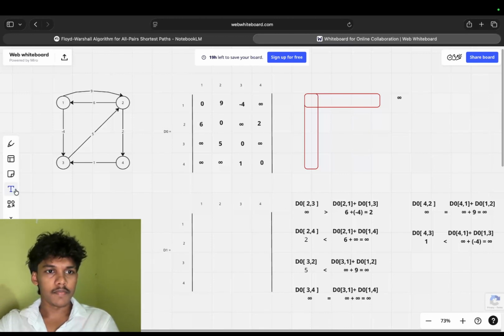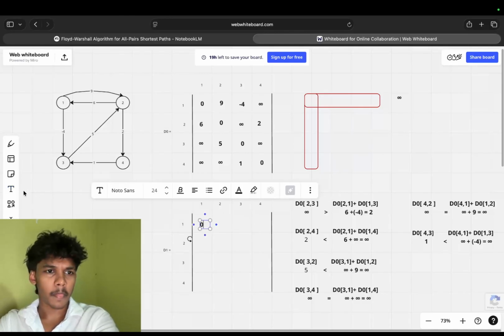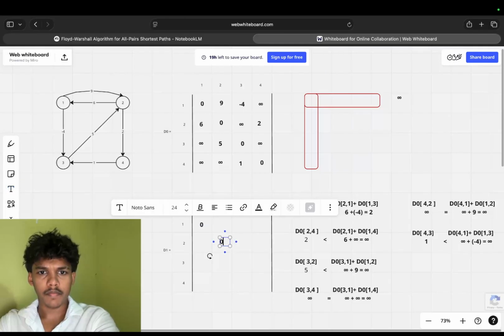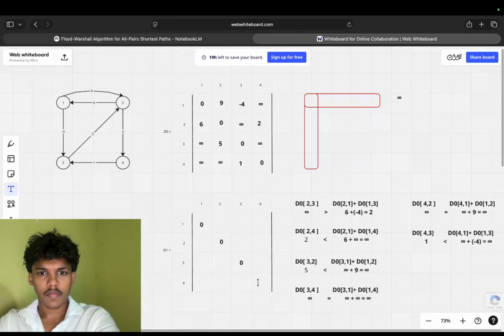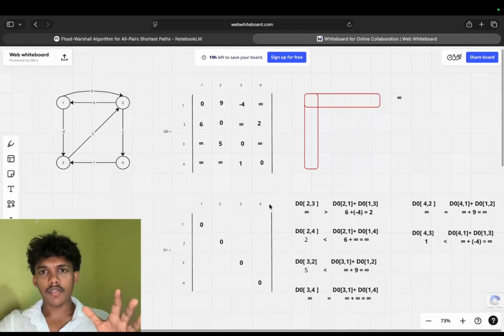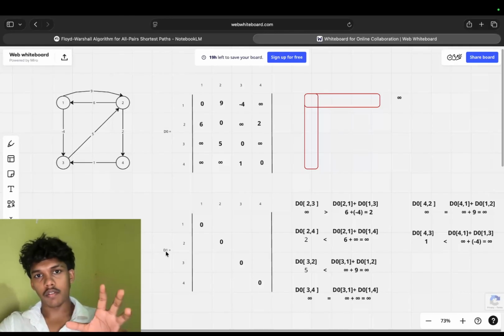First we will get the diagonal 0, as we know. What you have to do is, you know that in the D1 matrix the middle element is 1.